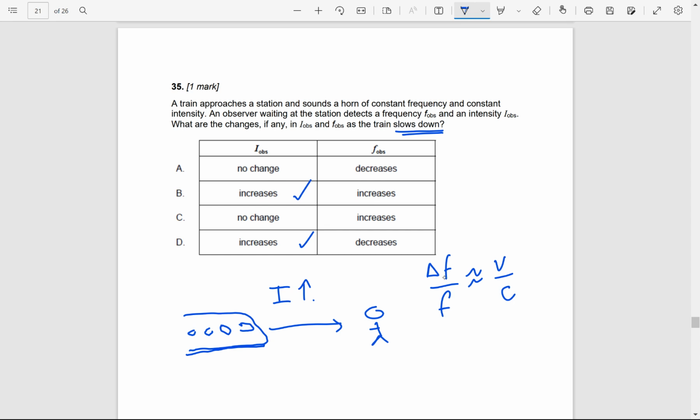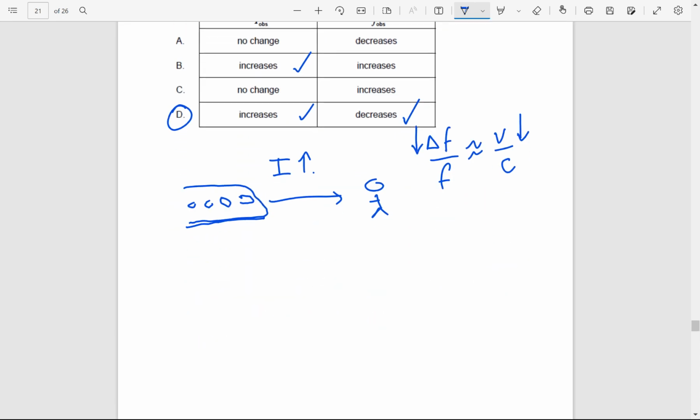So if it is slowing down, the speed is dropping. So V is dropping, which means that the change in frequency is going to drop, which means that the frequency is dropping. So if you are increasing speed, if it was accelerating, it would be increasing. If it's decelerating, it is decreasing.